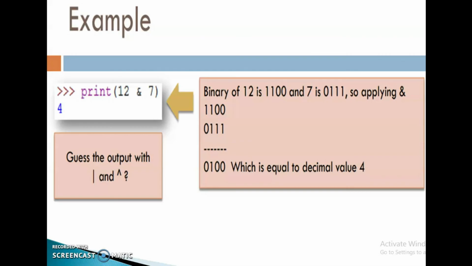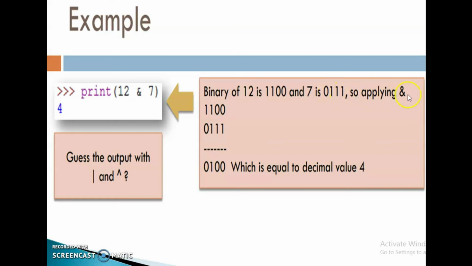Example, print 12 and 7. That means this bitwise operators are working on the bit level, binary value of these decimal values. So binary of 12 is 1100 and 7 is 0111.